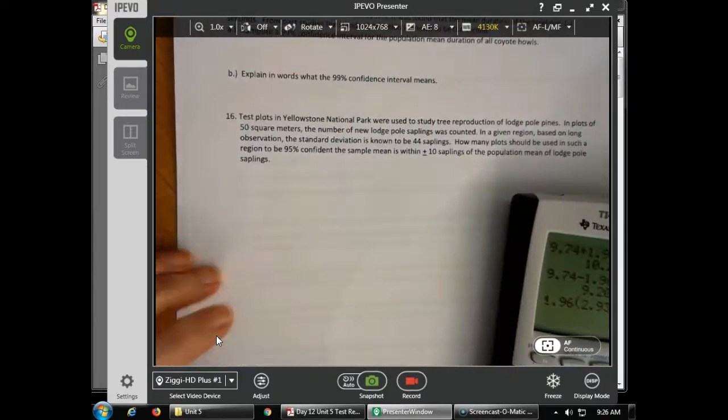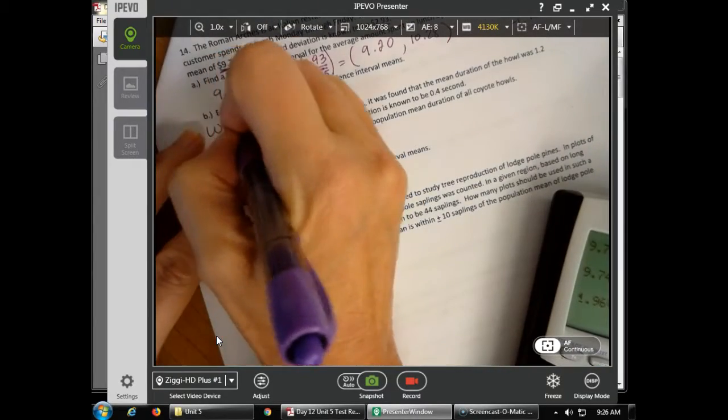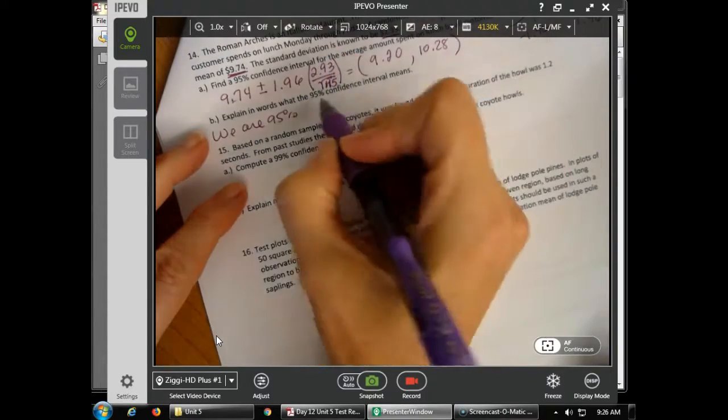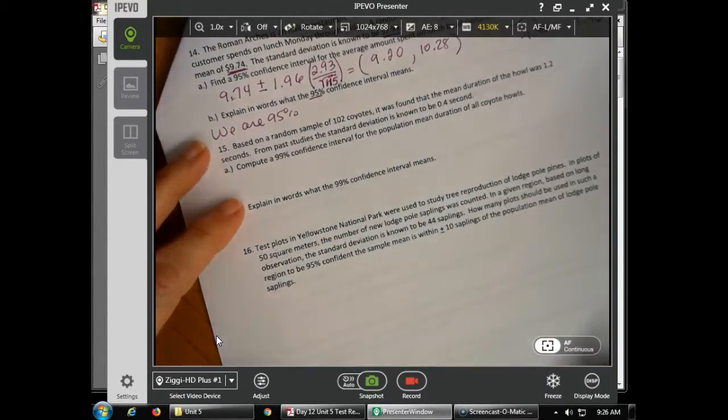Okay? Now, how do we interpret this? We do it every time the same way. 95% confident. Where am I getting that from? Because we were told to do 95%.